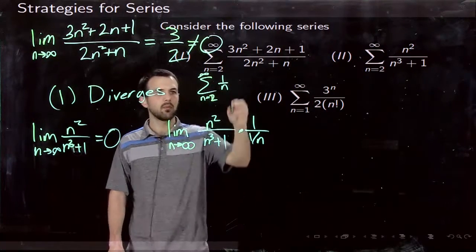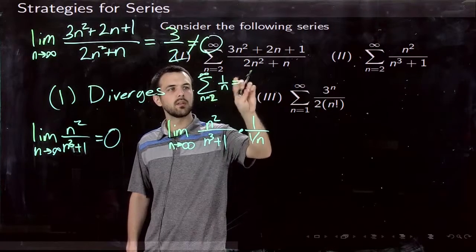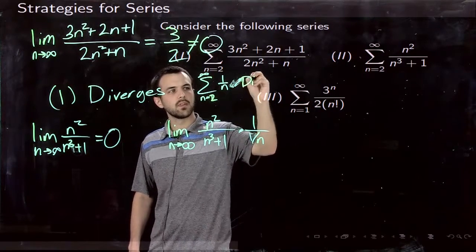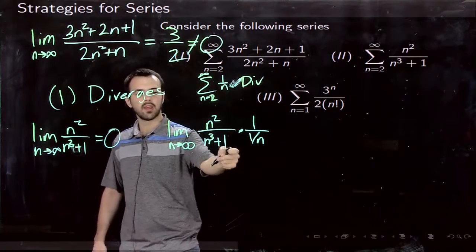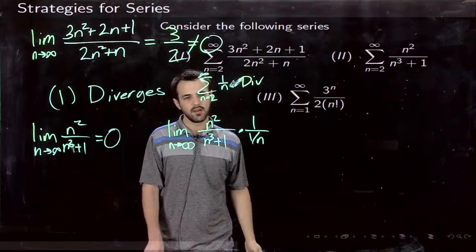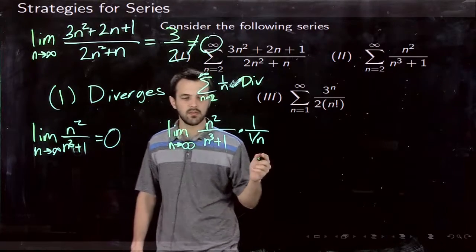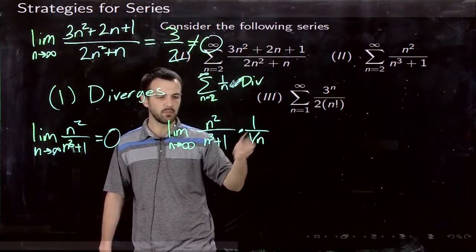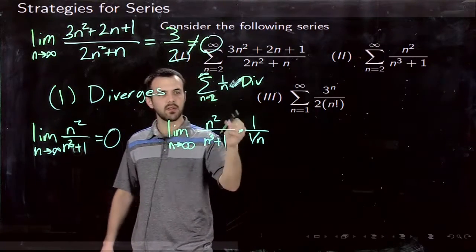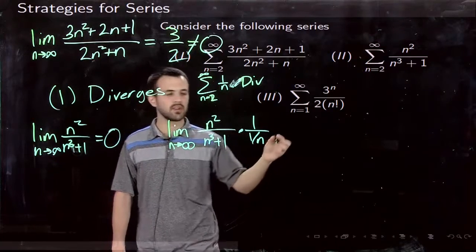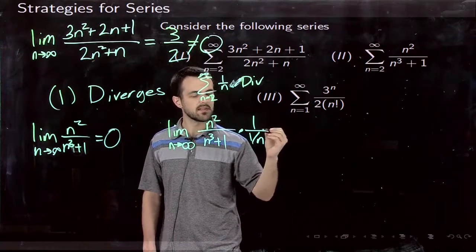So we know this one diverges. So if we get a non-zero real number, we know that our number 2 diverges as well. So let's see.